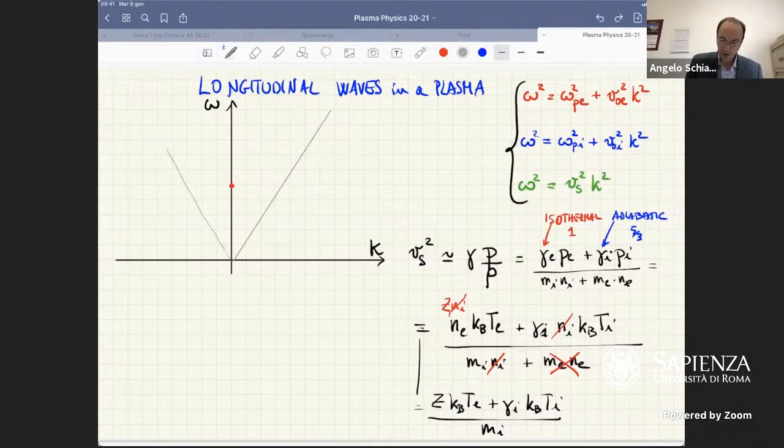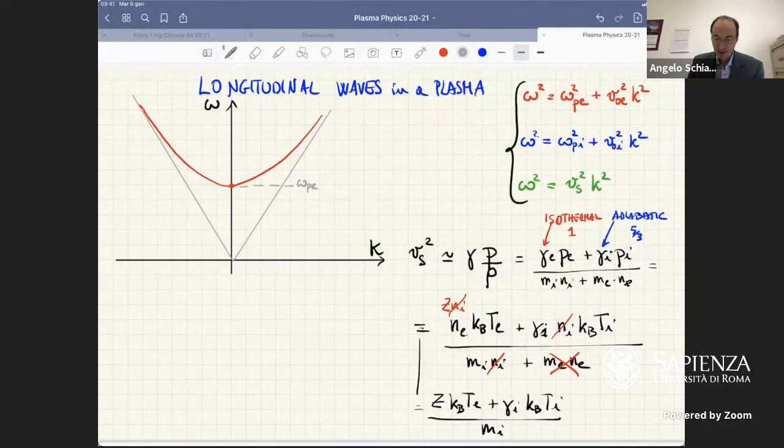And our curve goes as usual, one arm and the other one going this way. And we have that this omega here is the omega p, so it's the plasma frequency for the electrons.